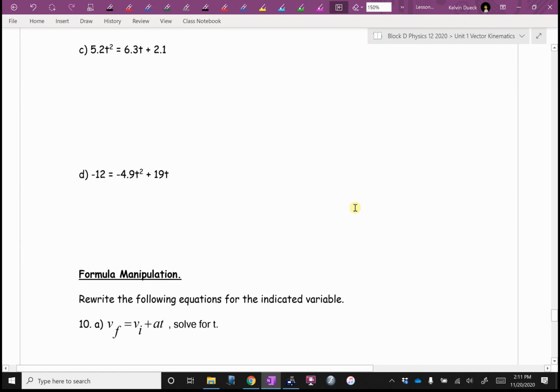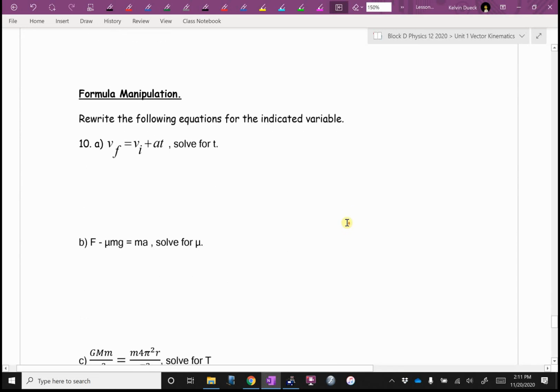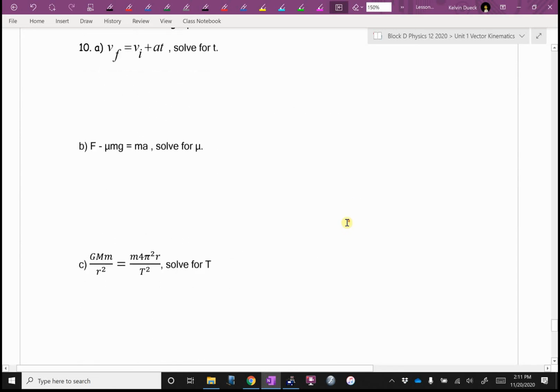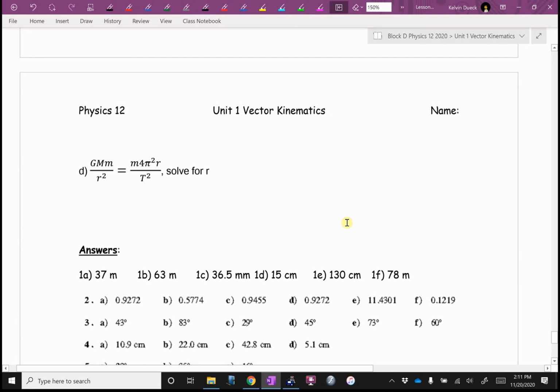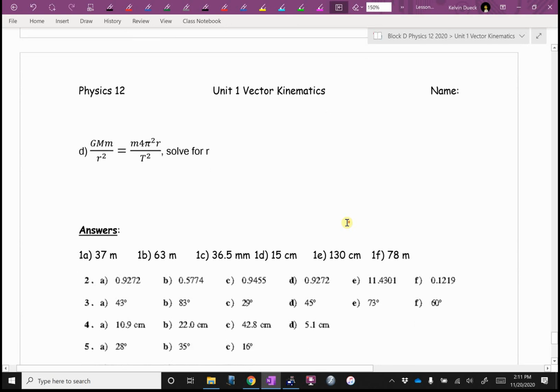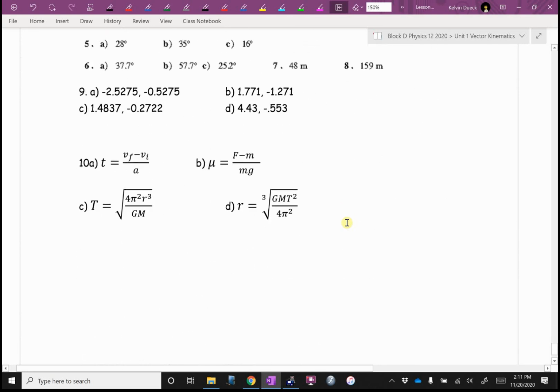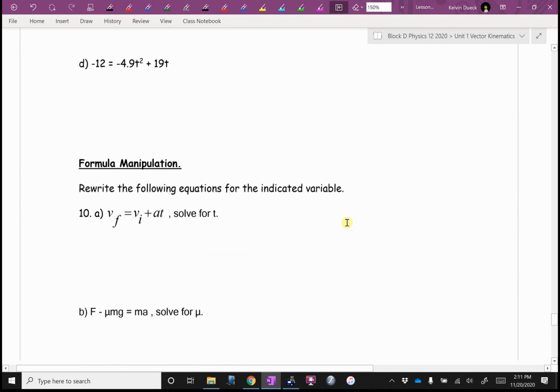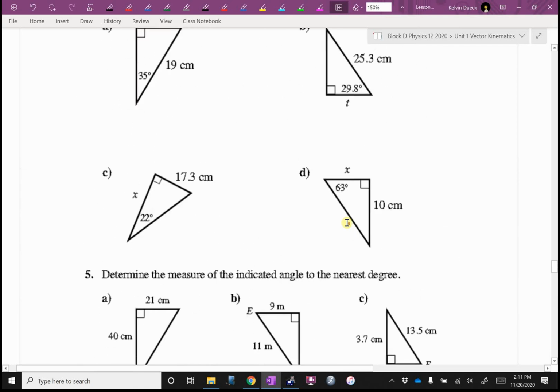I don't care if you use the solver or if you do them by hand. And then number 10, A, B, C, and D are some formula manipulation questions. And I did include the answers.